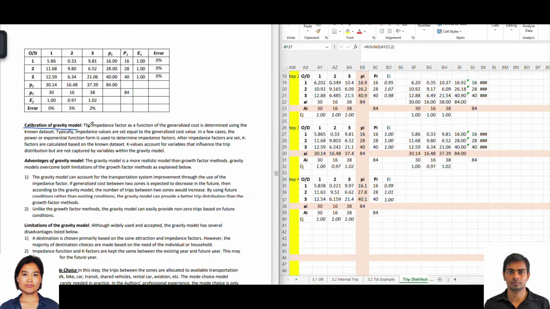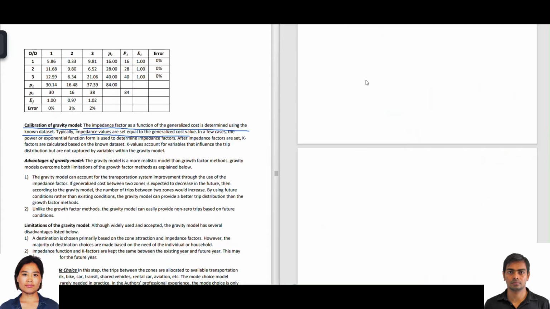Calibration of gravity model. The impedance factor is a function of generalized cost that is determined using known data sets. Typically, impedance values are set equal to generalized cost. So higher the cost between two origin destination, the lower the number of trips will be.